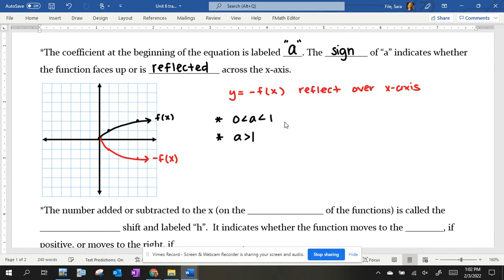So when your a value is a fractional value between 0 and 1, that is a vertical compression, affecting y. Now, if that a value is bigger than 1, let's say it's a 2, if I multiply all of these points by 2, the y value goes higher, doesn't it? So that's a vertical stretch.